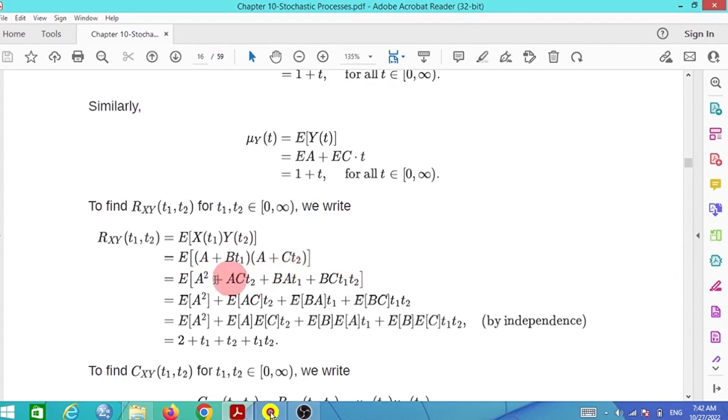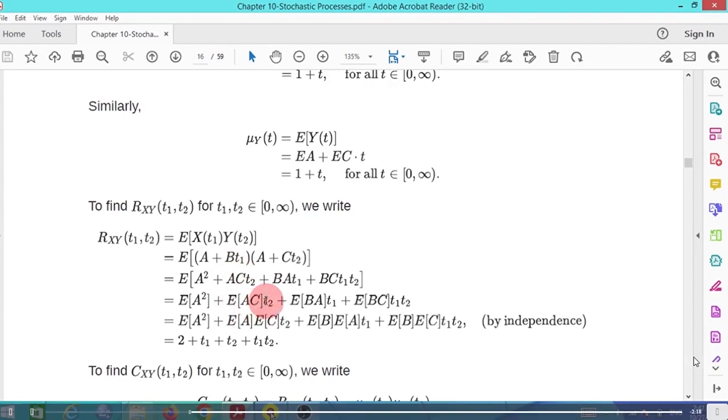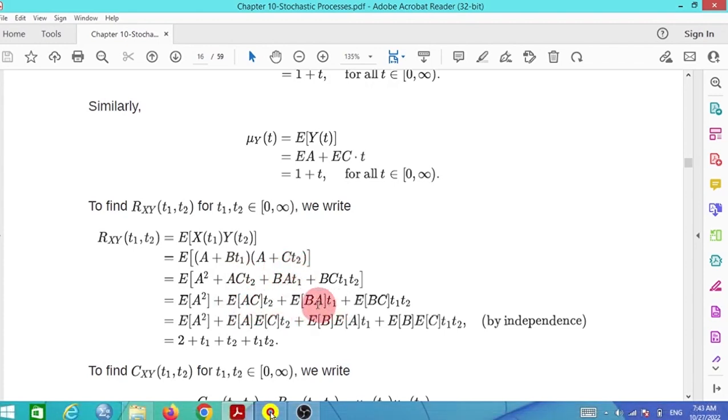Okay, you get to this. The expected value of a sum equals the sum of expected values. t2 is constant, it comes out of the expected value. t1 is constant, it comes out of this expected value, and similarly.